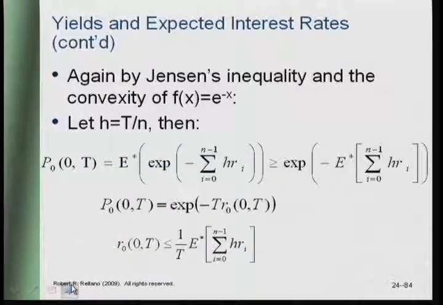The mathematics I repeat here, that the price of a zero at time 0 is the risk-neutral expected value of sums of this type. Notice the H as a multiplier for R. Jensen says because e to the minus x is convex, the expected value of this function is greater than the function applied to the expected value.